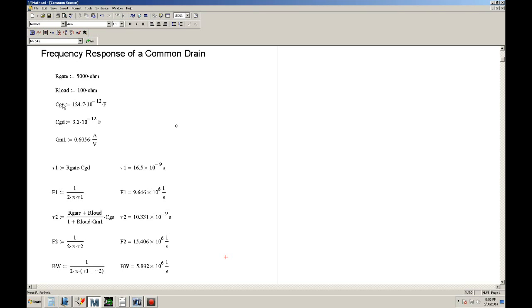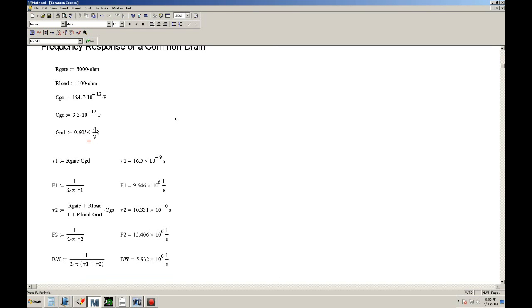Okay, now if I plug all of that into MathCAD, I have our gate, our load, and I have the capacitor from gate to source, gate to drain, and then I plugged in GM1. Okay, and of course the unit is amps per volt, and here's my T1, tau 1, which is our gate times the capacitance from the gate to drain.